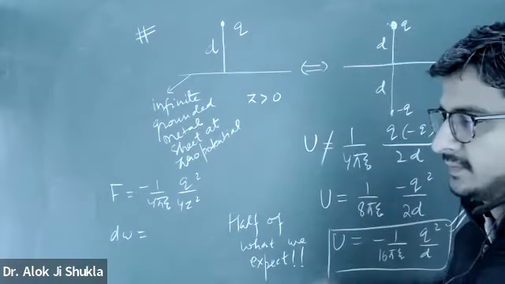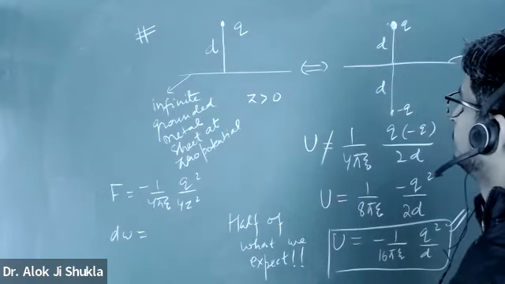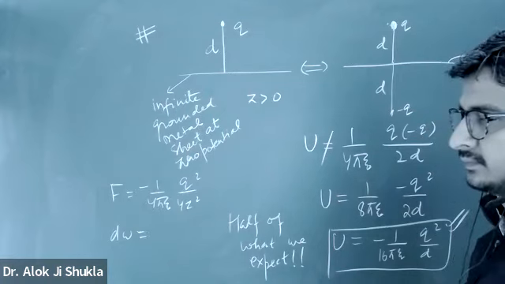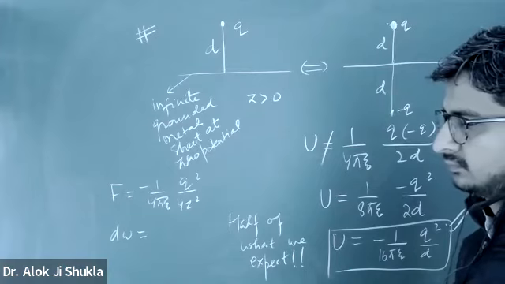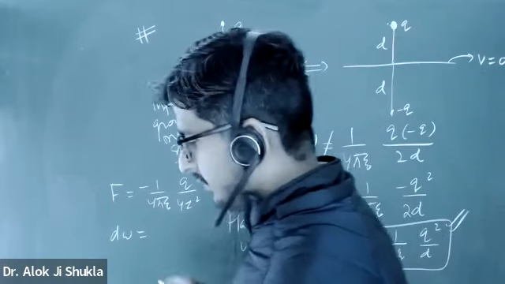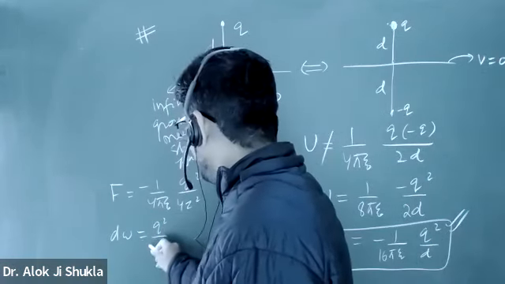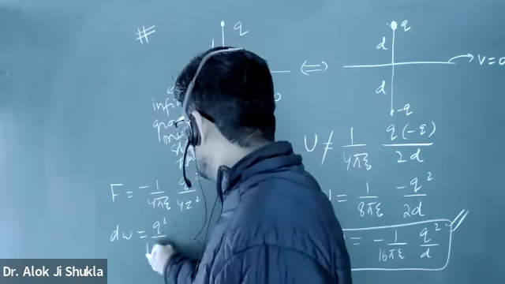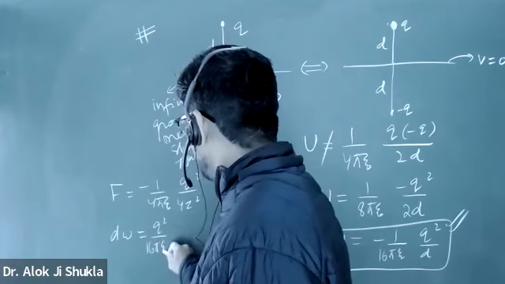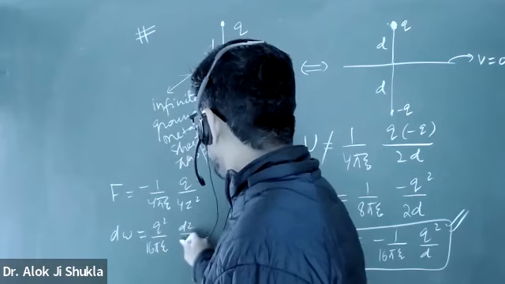From infinity to this point we are bringing. So small work done will be minus 1 by 4 pi epsilon naught q square by 16 pi epsilon naught, into dz by z square.